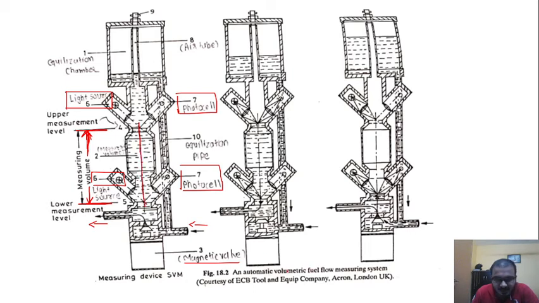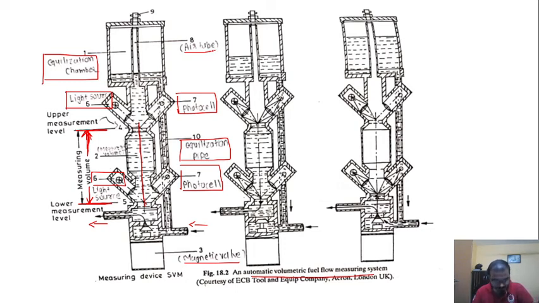We are currently at the automatic volumetric fuel flow measurement system. Apart from this, we have an equalizer chamber, and towards the right an equalization pipe. And here we have the air tube.